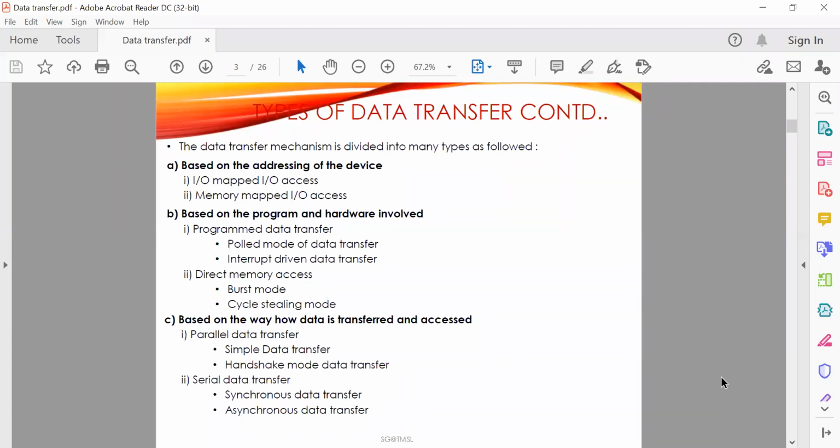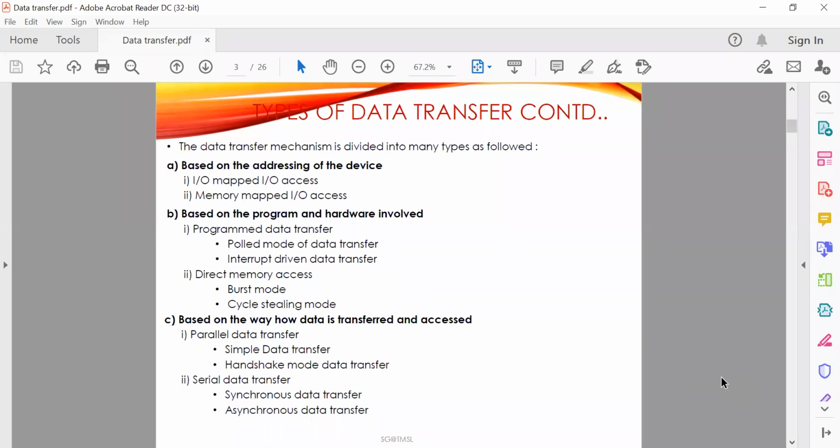The first one is the IO mapped IO and memory mapped IO access data transfer. In IO mapped IO, the IO device and the memory are handled separately. A separate address range is assigned for input output devices. Separate control signals are used for memory access and for IO device read write operation.